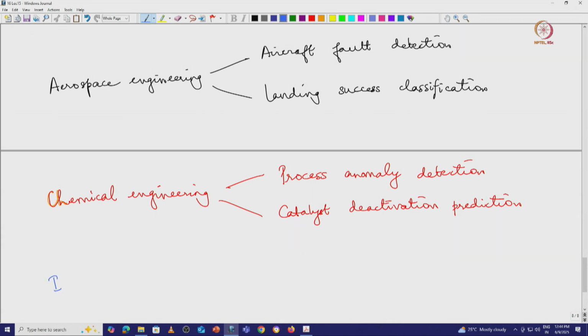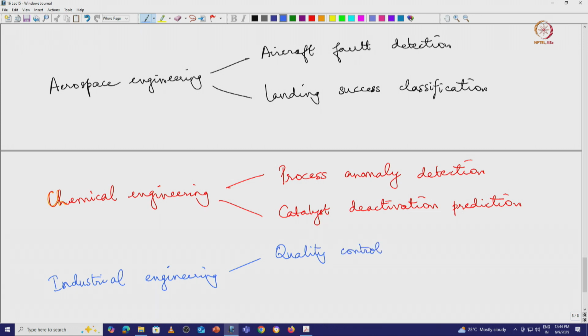Now, moving forward, I have also taken some examples from industrial engineering. Here, one may want to understand whether the things being produced in a production line have the right quality or not.